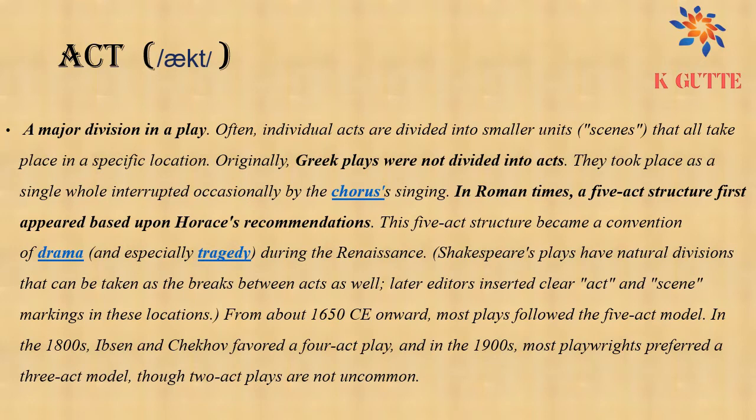Shakespeare's plays have natural divisions that can be taken as breaks between acts as well. Later editors inserted clear act and scene marking in these locations. From about 1650 Common Era onwards, most plays followed the 5-act model.